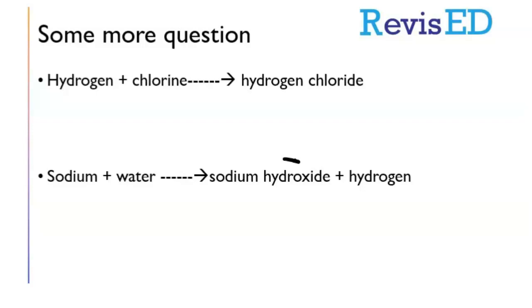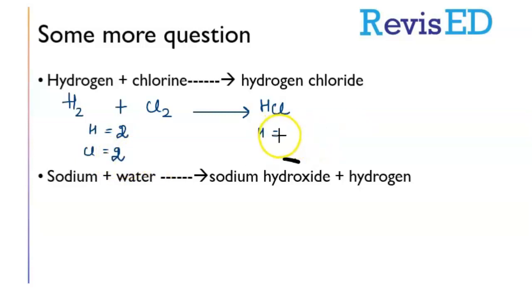I have taken another example in words. Hydrogen is written as H2, chlorine is written as Cl2, and hydrogen chloride is HCl. So this is your chemical equation. On the left hand side I am having 2 hydrogens and 2 chlorines, and on the right hand side I am having 1 hydrogen and 1 chlorine.